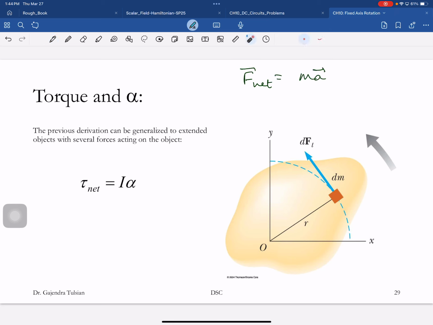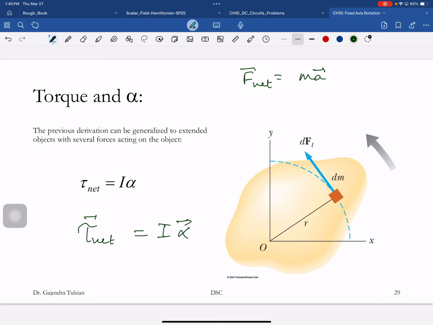What does the net force mean? That's right. If several forces are acting, you just add up all the forces. Similarly, you can do net torque. If several torques are acting, you just add up the torques.